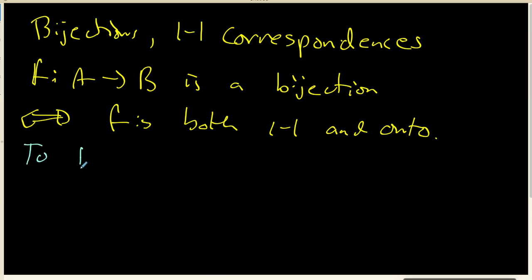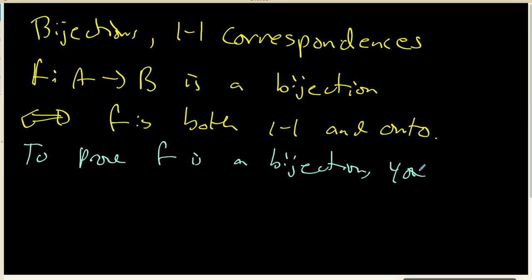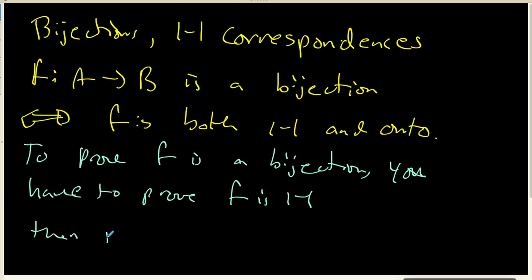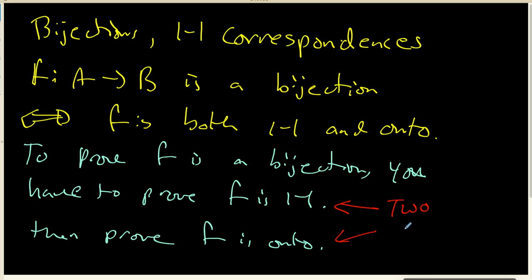So to prove f is a bijection, you have two proofs. You have to prove f is one-to-one, and then you have to prove f is onto. You can swap the order if you want to, but this is two proofs. Order does not matter.